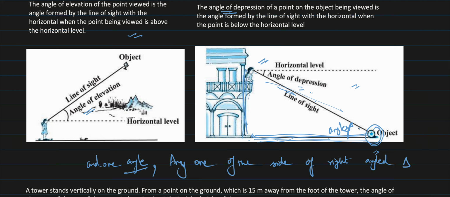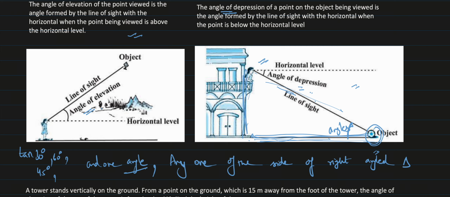So the most commonly used values will be tan 30 degree, tan 60 degree, tan 45 degrees, or sin 30, sin 60, sin 45, cos 60, cos 30, cos 45. So I hope you all remember the values of all these angles.